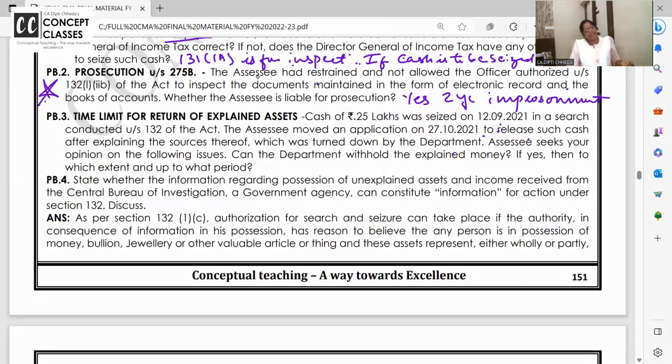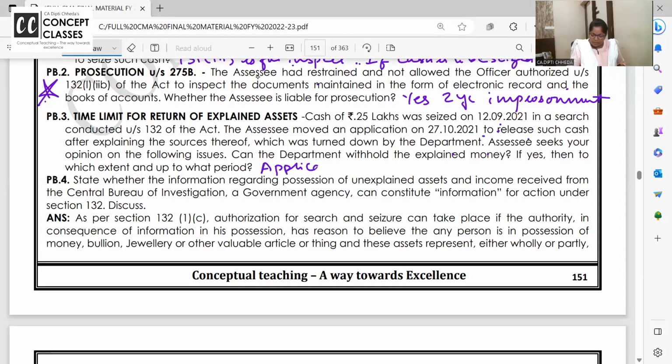Is the SSC correct? Yes, he can. SSC seeks your opinion. And can the department withhold the explained asset? If yes, then to what extent? Within 120 days of the completion, not of assessment, completion of the raid, they have to return the asset. So very correct here.